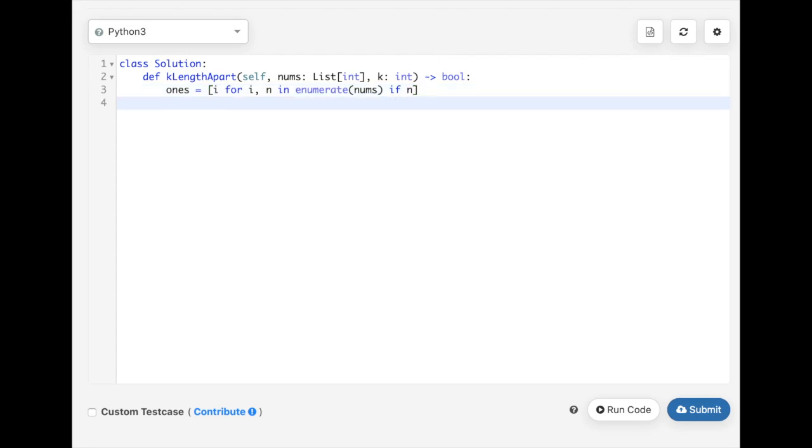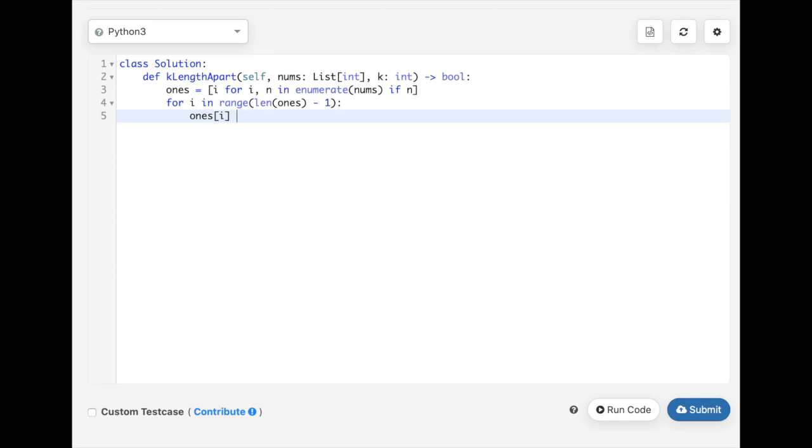Okay, now that we have this list of indices, we're going to want to make sure that the differences are always going to be greater than k. So for i in range length of ones minus 1, because we want to compare the index at i.